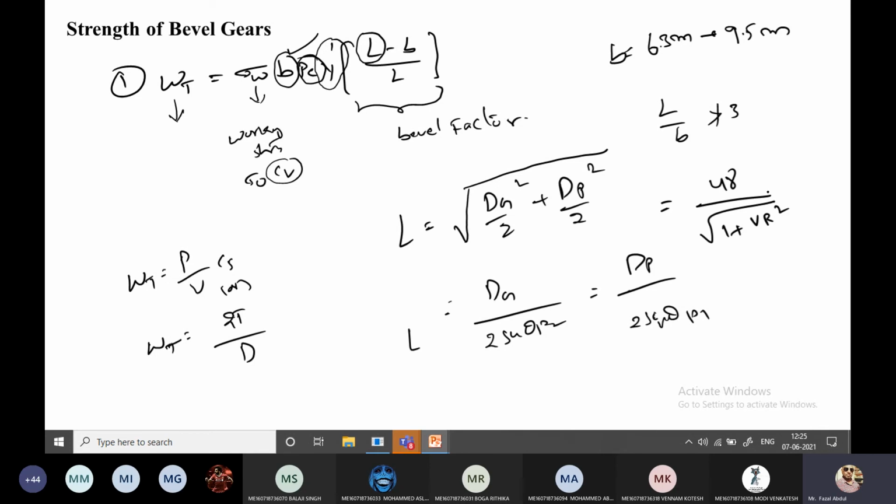So for safety of operation, the first condition is the face width, the second condition is that the L by B ratio should not exceed the constant 3, and the third is the minimum number of teeth on a bevel pinion, 48 by square root of 1 plus VR square. Now this is the theory about the tangential load.